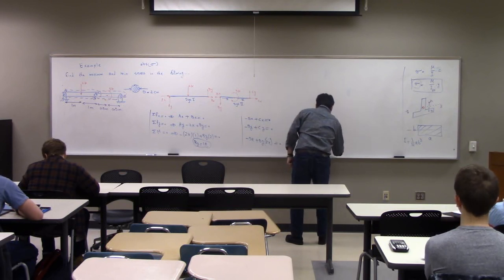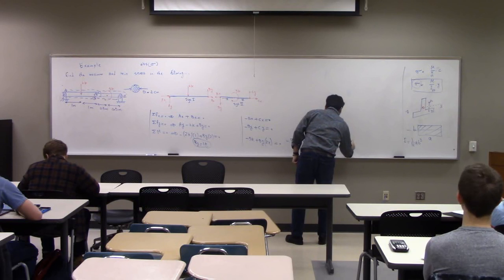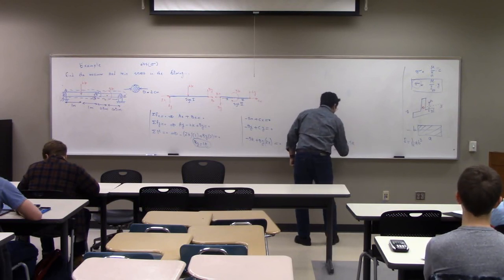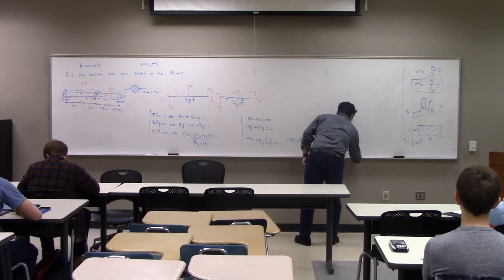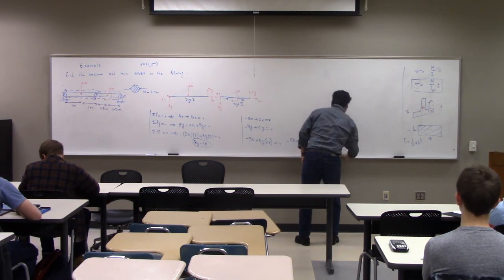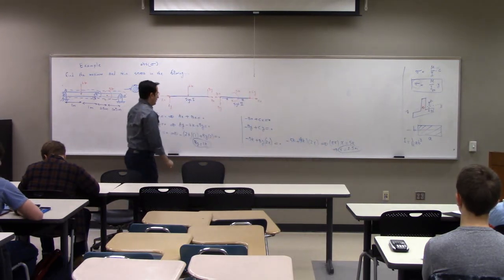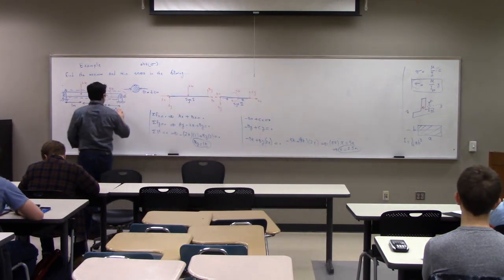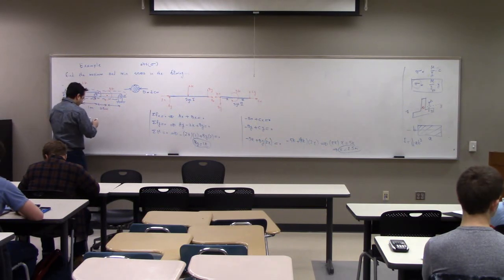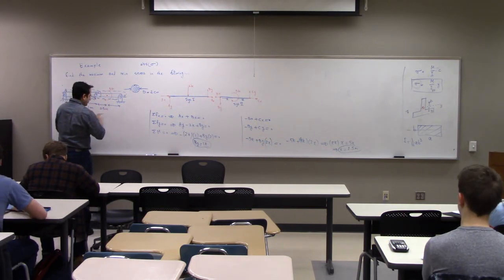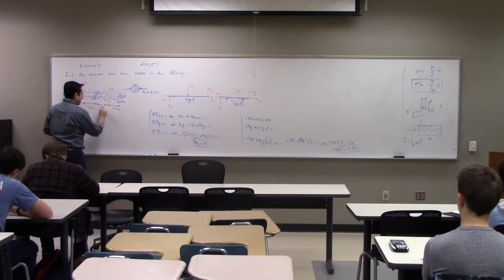So you get 2K times x is equal to 5K. Then x is equal to 5 divided by 2, 2.5 meter. So instead of 0.5 meter, add a 2 here to make it stable. So 2.5 meter here.